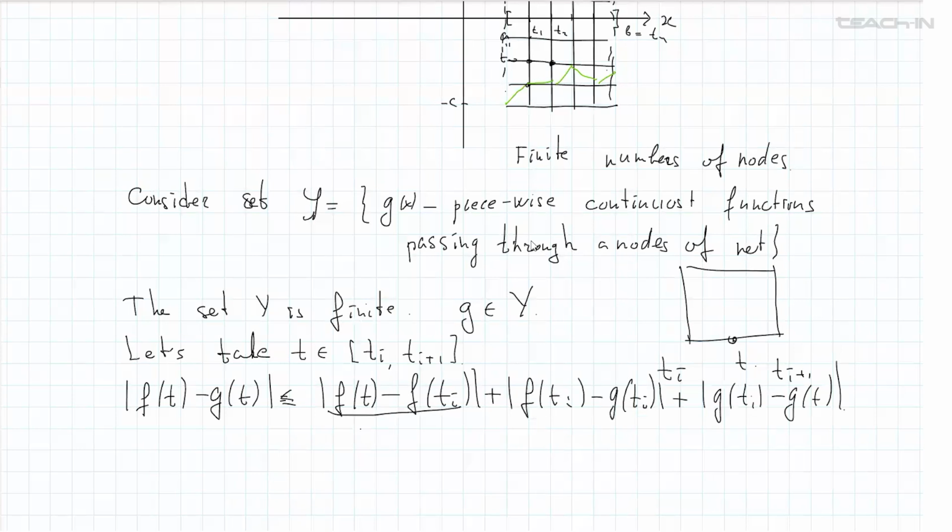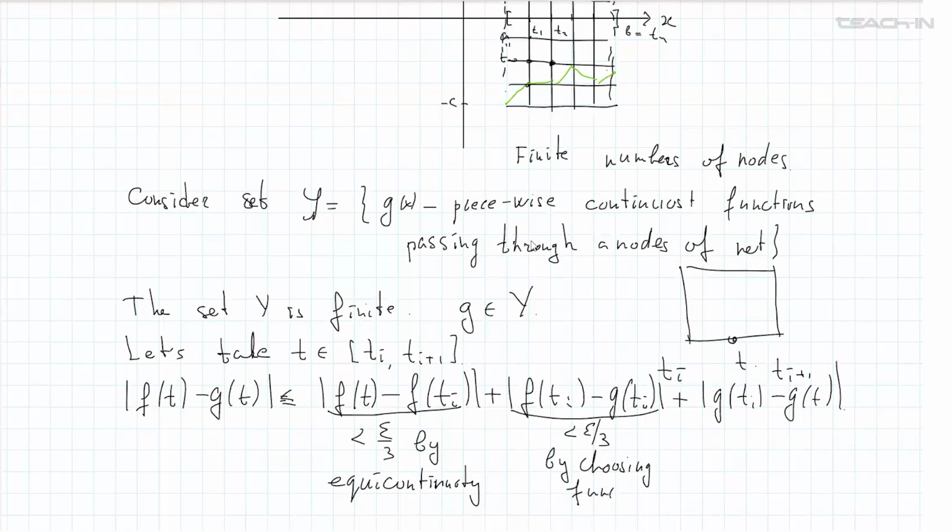This is less than epsilon over 3 by equicontinuity. This is less than epsilon over 3 by choosing the function g.